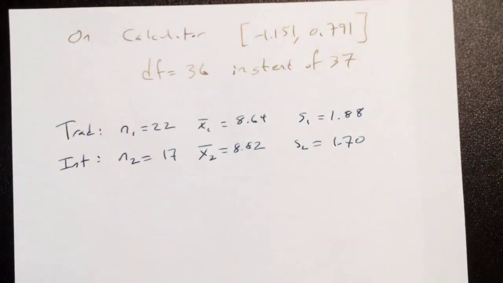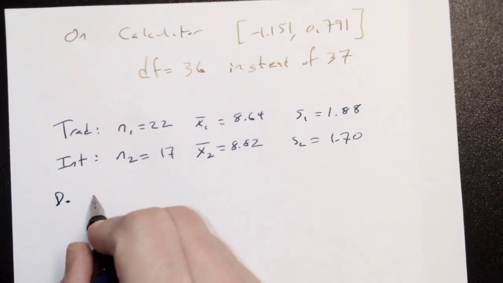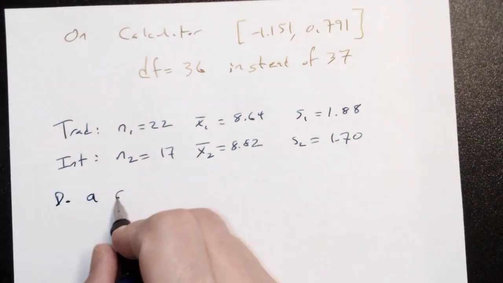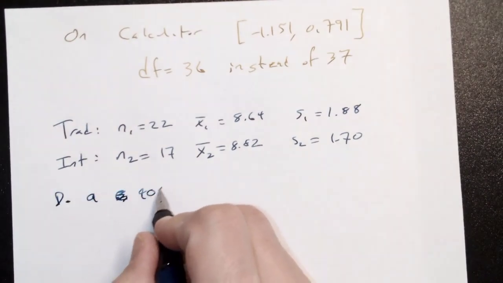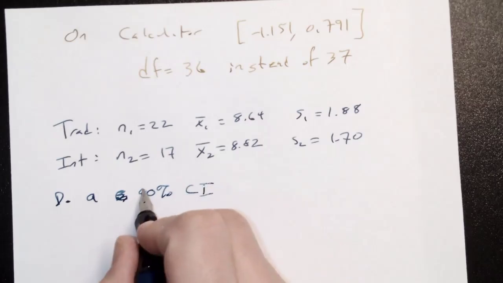I want to ignore for the moment that we're doing separate calculations. I'd like a confidence interval for each mean, a 90% confidence interval.